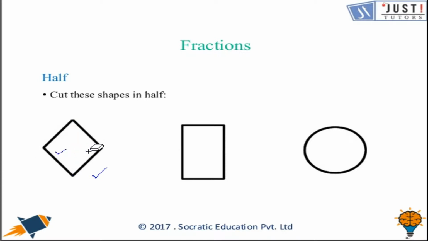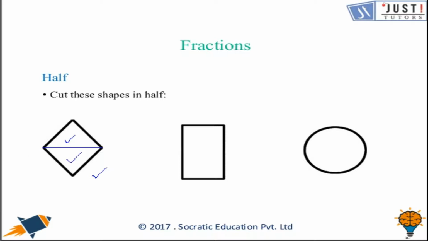Alternatively, you can join the other 2 points, the left and the right one, and this is how you'll cut it again into 2 halves, the upper half and the lower half.